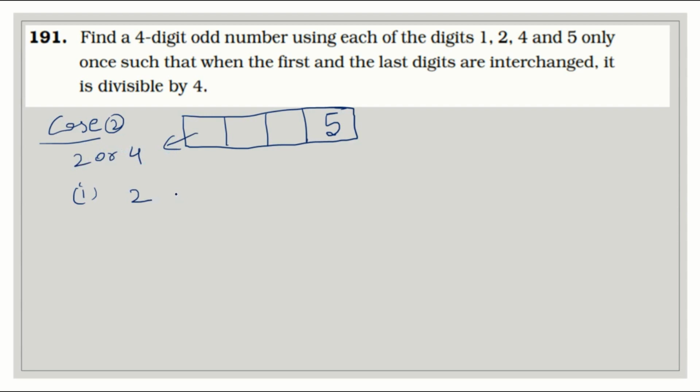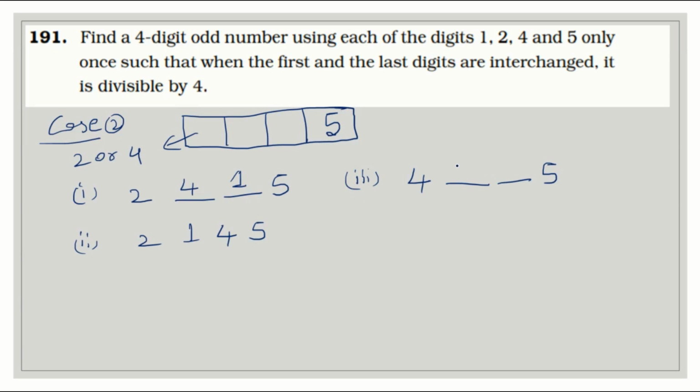With 2 in the thousands place and 5 in the units place, it can be 2415 or 2145. Similarly, with 4 in the thousands place and 5 in the units place, it can be 4125 or 4215.